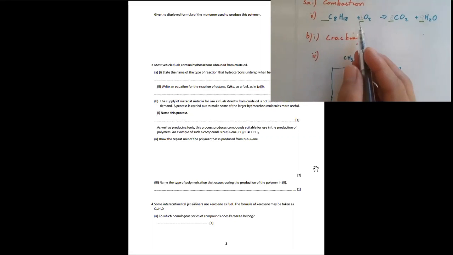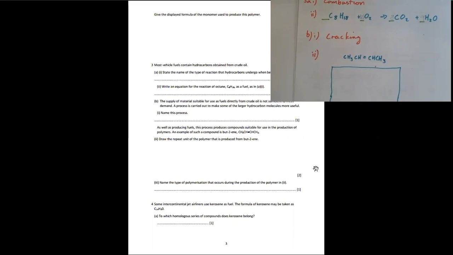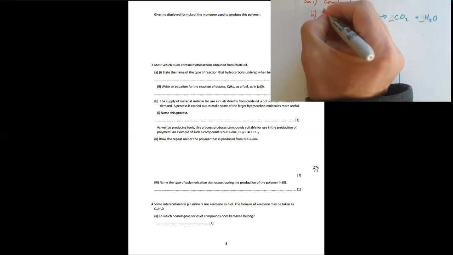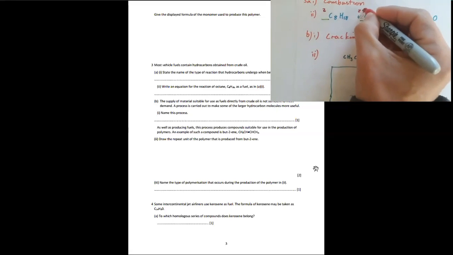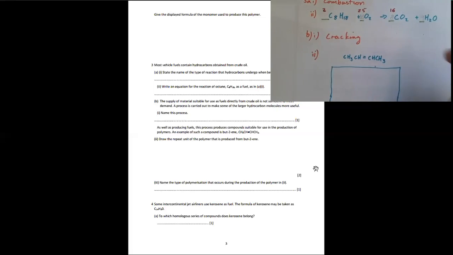So 1, 12 and a half, 8, 9. If you are worried about it, then you can say, well, now, let's say this is 2, 25, 16, 18. If you use the formula that I gave you, that's the balancing numbers that you'll get to.